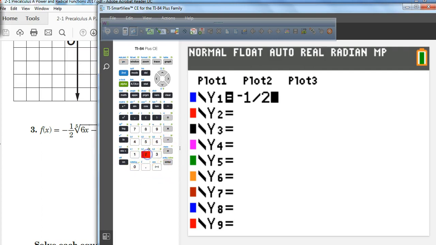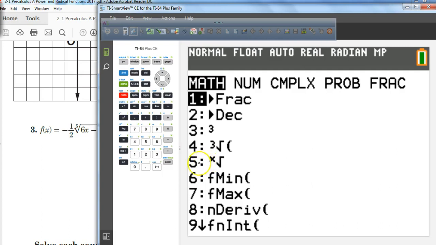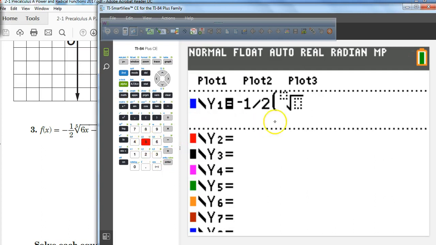I'm going to open up a parenthesis so I can get this fifth root. So hit the math button and go down to number 5. I'm going to type in the number 5 here. So the fifth root of, I believe it's 6x minus 12.